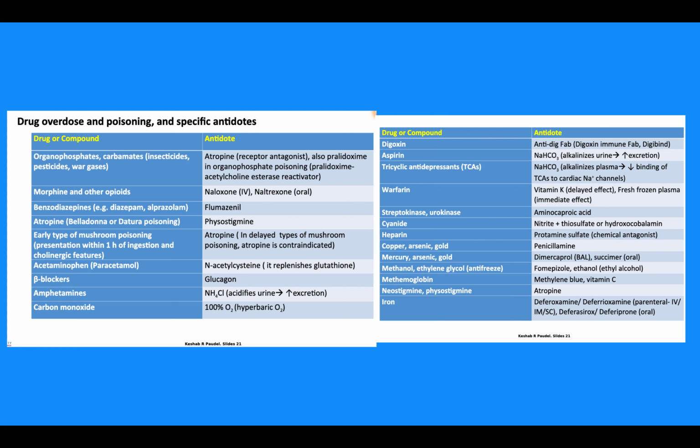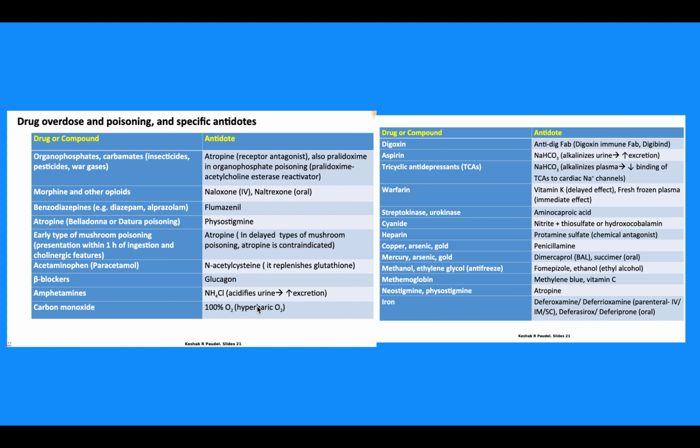Okay, so here are some interesting drugs that you should know, especially the organophosphates. You need an antidote of atropine. Let's see, acetaminophen, you need N-acetylcysteine. Beta blockers, glucagon, of course.